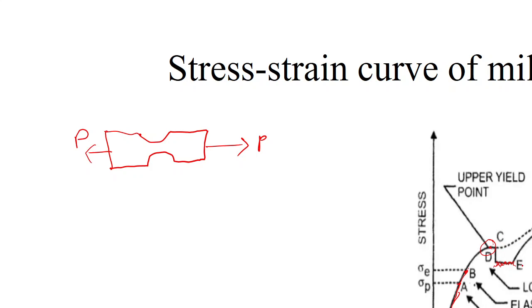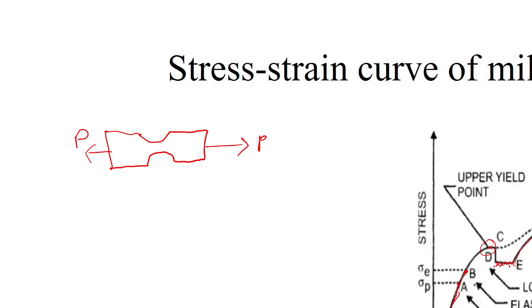After this region we have the strain hardening region. From the onset of the upper yield point, plastic deformation happens, which means after loading and unloading we won't be able to get the original shape of the material.